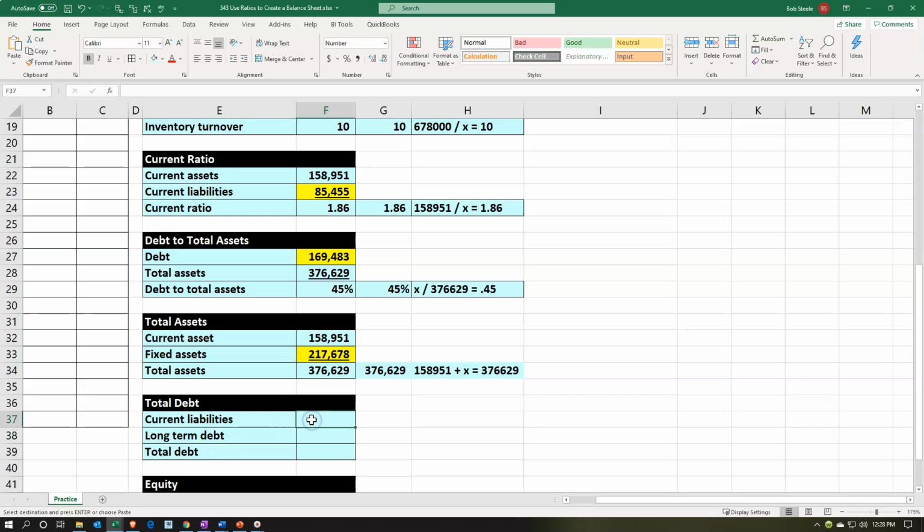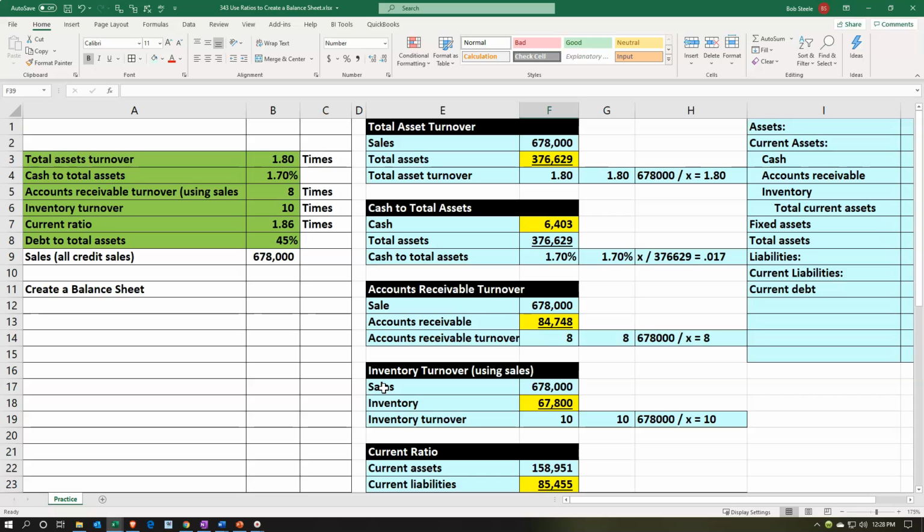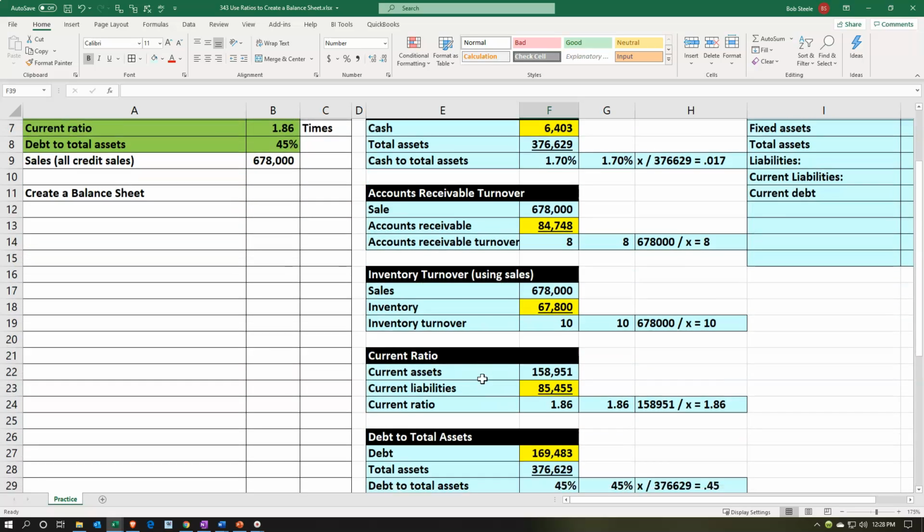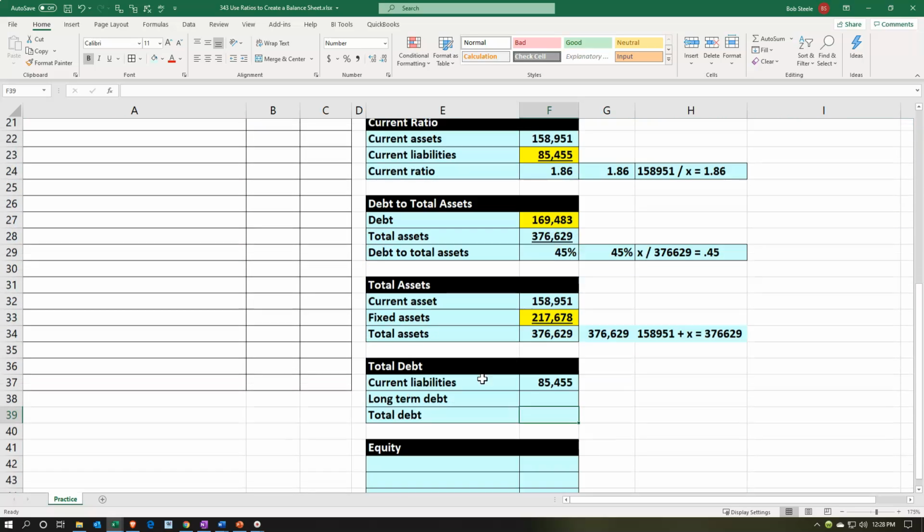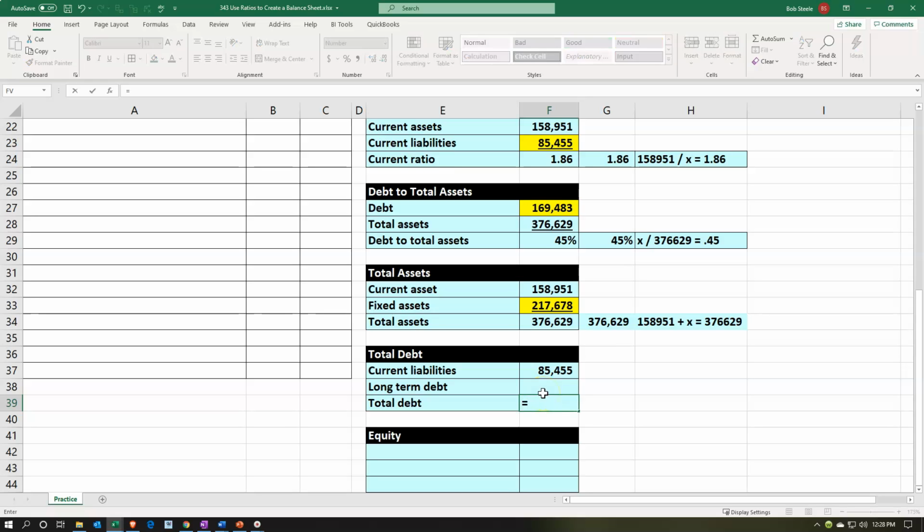The current liabilities we picked up here, the 85,455. The total debt, I believe, was given. No, we got the total debt here. So we picked up the total debt here in the debt to assets.